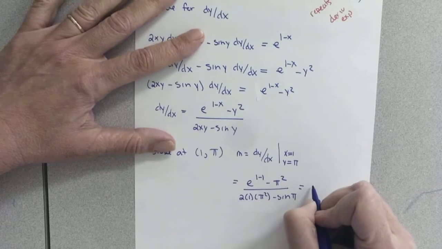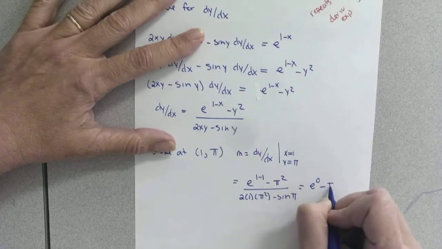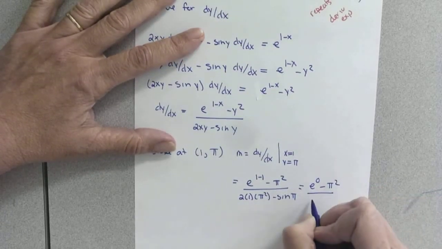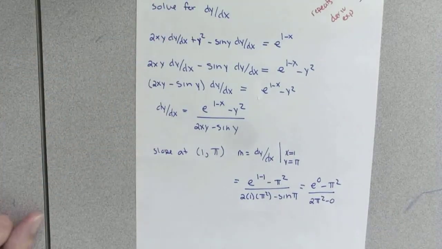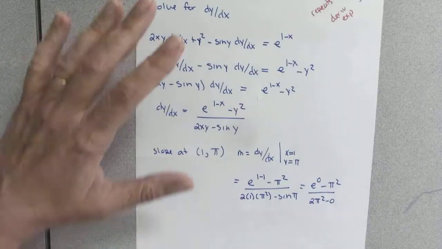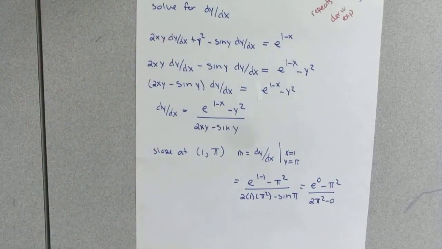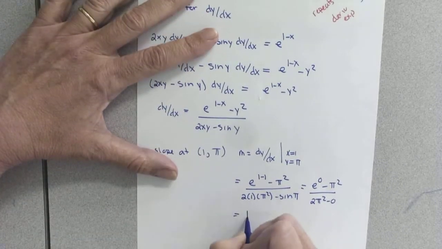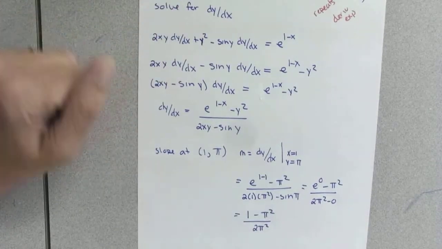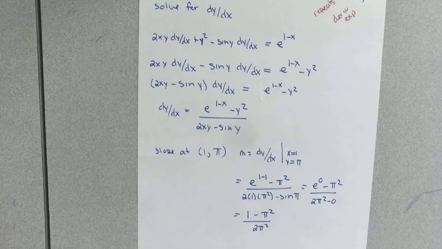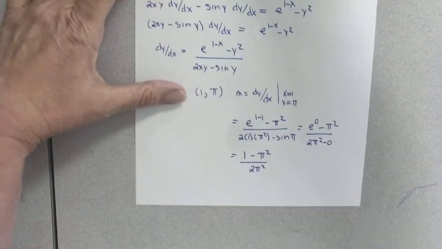And so that's e to the 0 minus pi squared over 2 pi minus 0, since sine of pi is 0. So we've got 1 minus pi squared over 2 pi as my slope. And nothing cancels there. The pi's do not cancel.